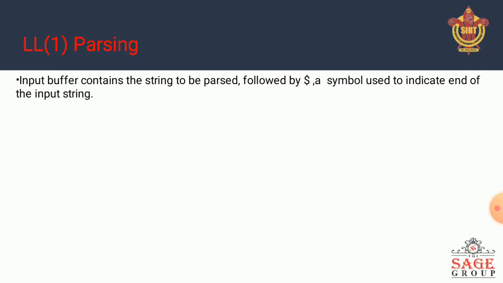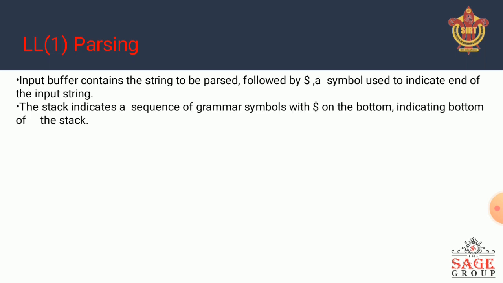The input buffer contains the string to be parsed, followed by dollar. Dollar here is the end marker, a symbol used to indicate the end of the input string. The stack contains a sequence of grammar symbols, initially with dollar at the bottom, indicating the bottom of the stack.